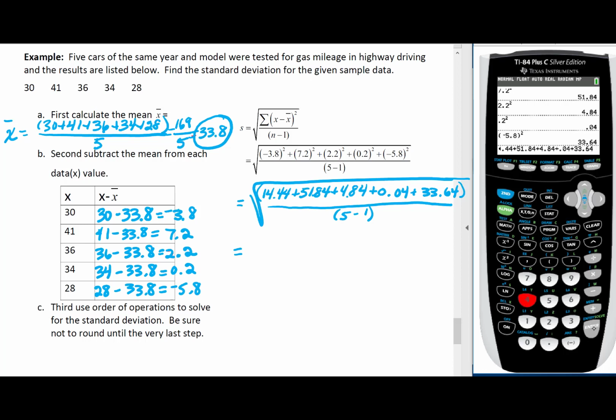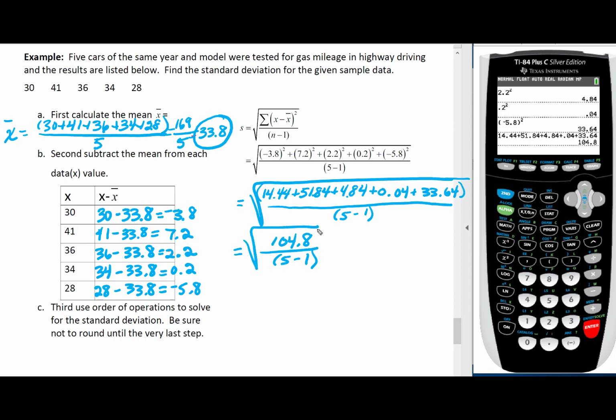Lots of fours. And I get 104.8. I'm going to write that down, 104.8 divided by 5 minus 1 on the bottom, because all I did was addition, and it's the square root of all that.